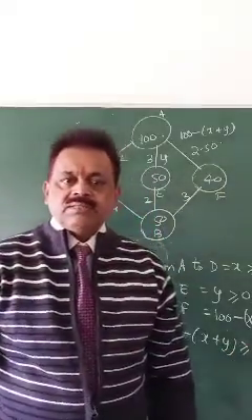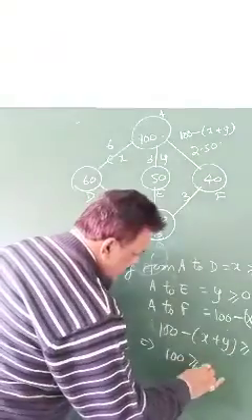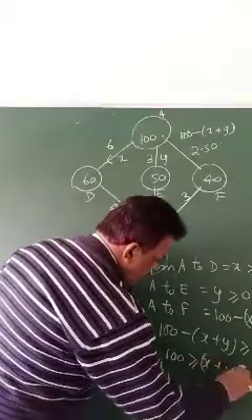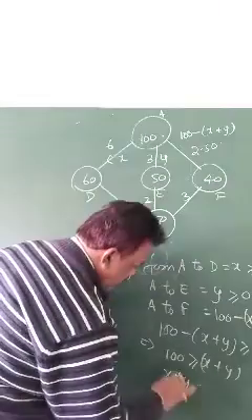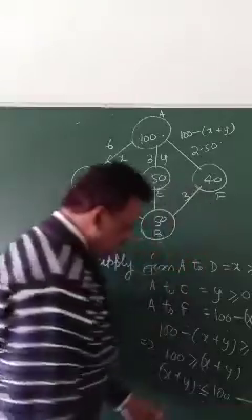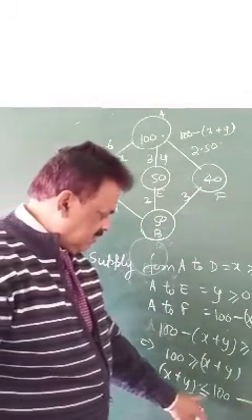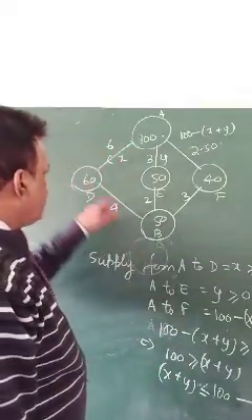Quantity has to be positive. This implies x plus y is less than or equal to 100. First linear constraint you got.